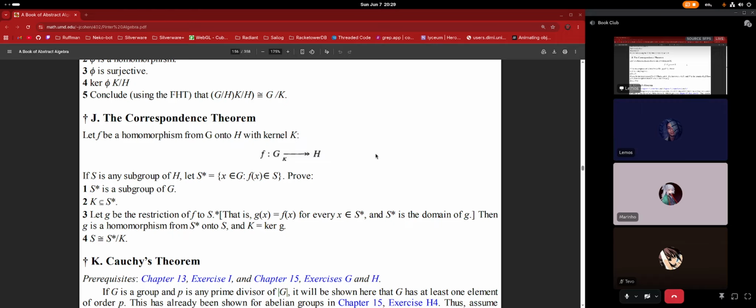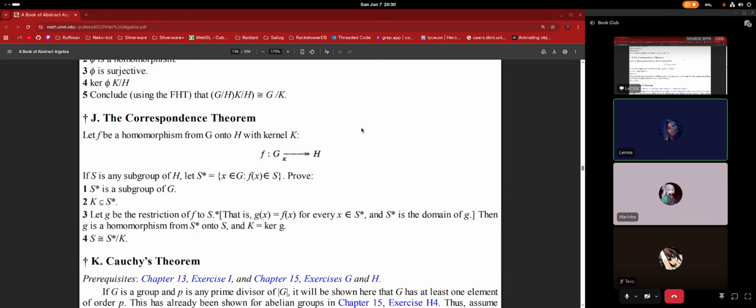So you know that S is a subgroup of H. You can go to H via F from G, and S star is the set of elements of G that F takes to S in particular.